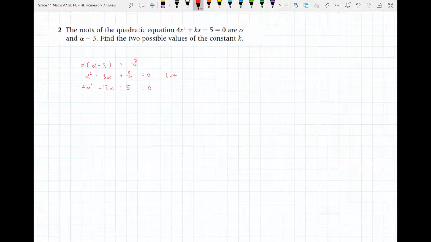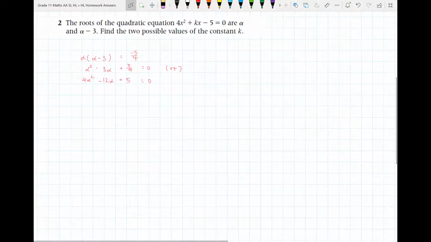So I multiply this by 4. So therefore, alpha, you can factorize this, and this should be 2, 2, and then we have minus 5 and minus 1. So therefore, alpha could be a half or 5.